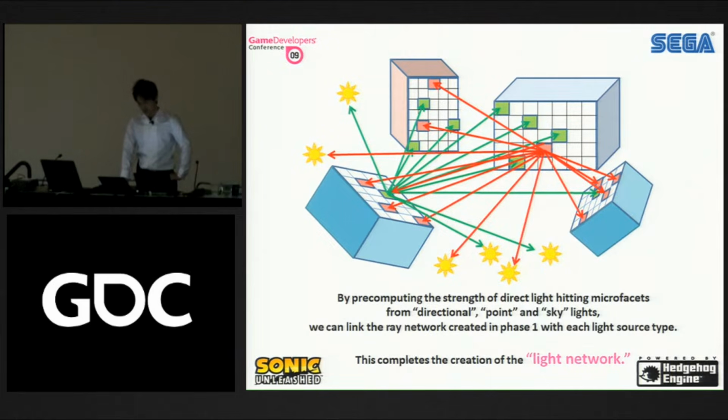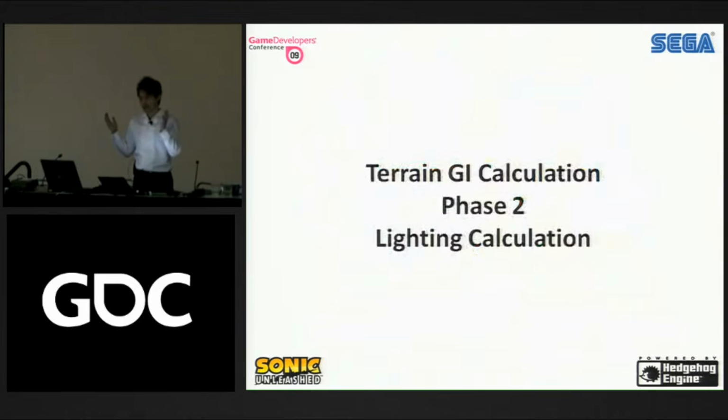As you can see, skylight, parallel light, and point light are considered, and then you can pre-calculate this number in phase 1, so that you can link this to the light network as we calculated before. At this point, we are not sure which color would be put on here. There is only the network here.